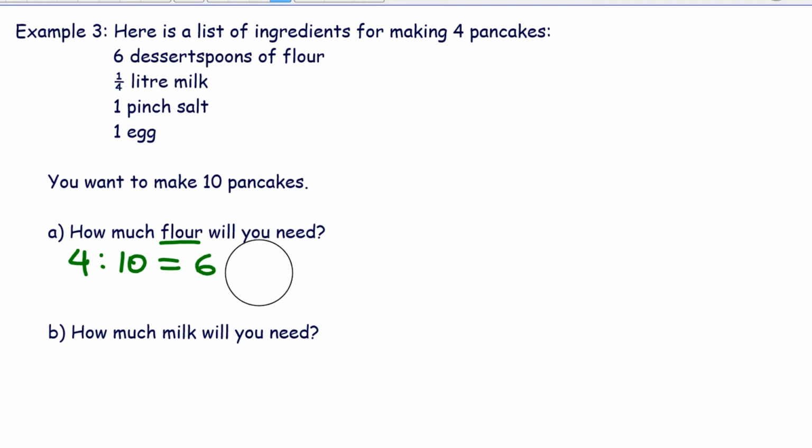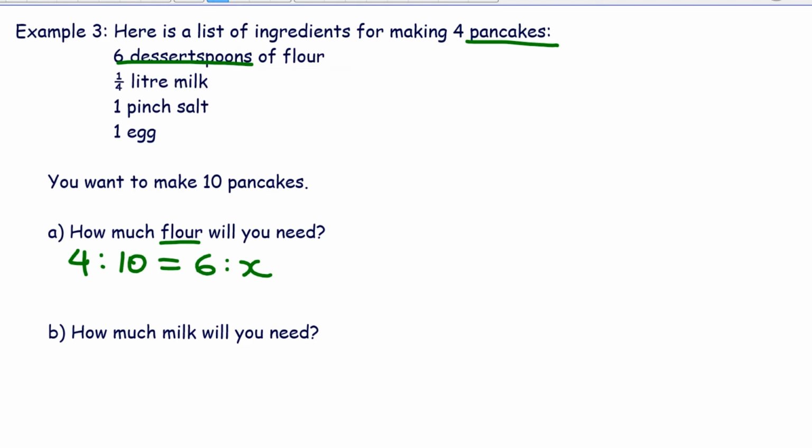dessert spoonfuls of flour if you're making 4 pancakes, right? But for 10 we don't know how many spoonfuls of flour you need, so I'll just put an x there and form an equation.